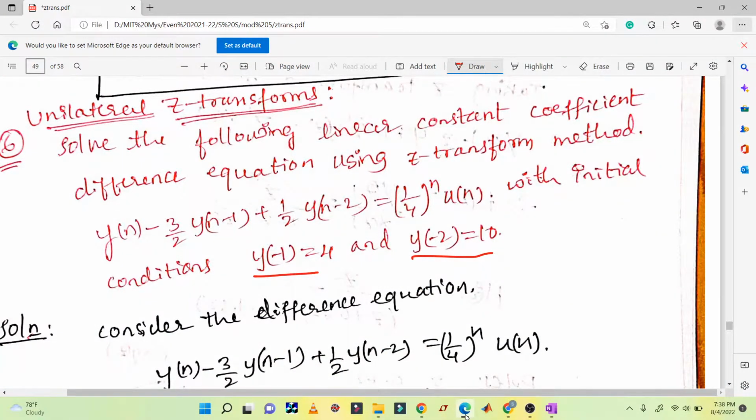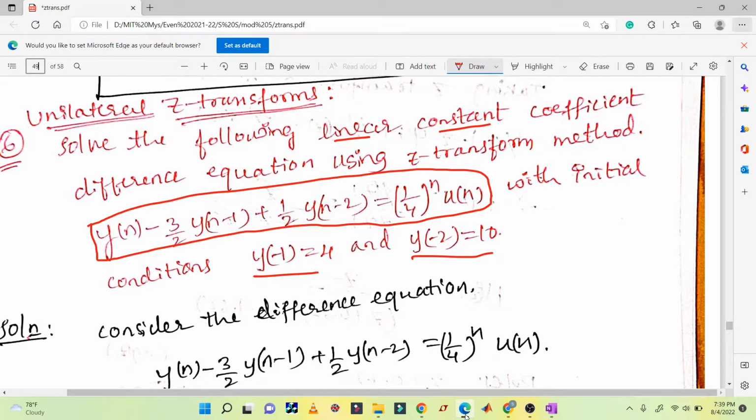So here you can see: solve the following linear constant coefficient difference equation using the Z transform method. This is the difference equation given, with initial conditions y of minus 1 equal to 4 and y of minus 2 equal to 10. So this is a problem on the unilateral Z transform.